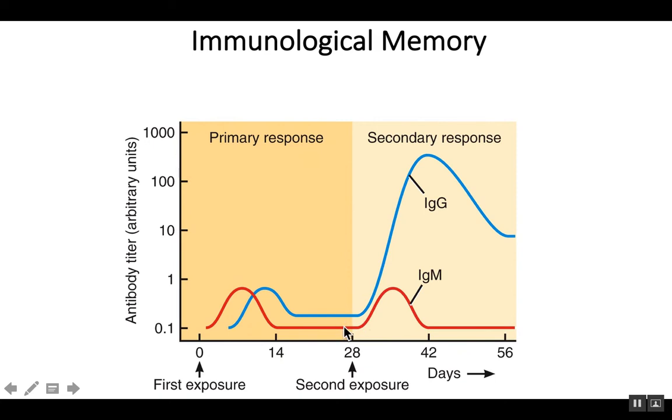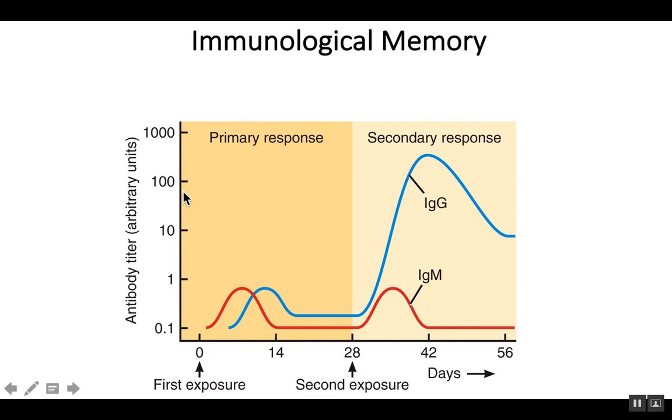That second exposure, you're going to have that IgM, but notice the IgG. 1,000 times more IgG antibodies will be secreted by B cells. And that's because you have those memory B cells that have already been activated. They already know what that pathogen looks like, and they'll produce large numbers of antibodies.